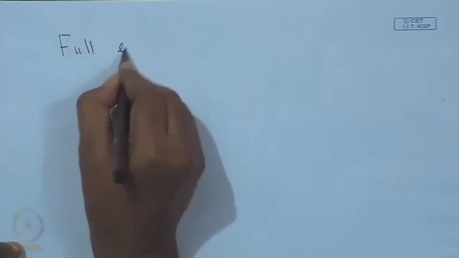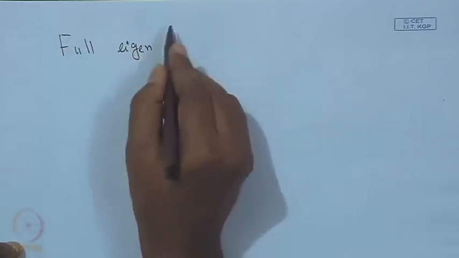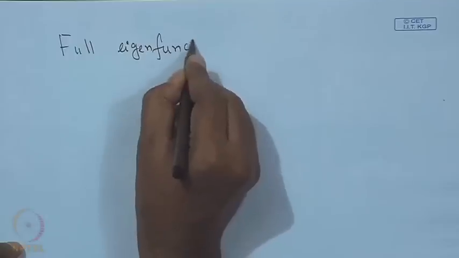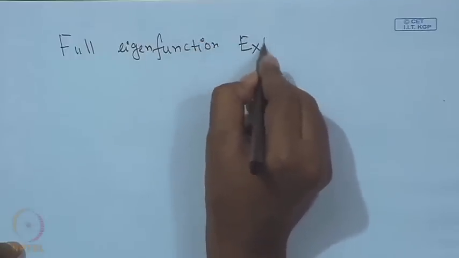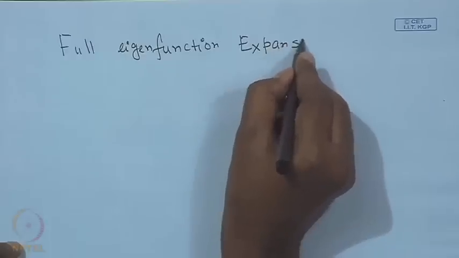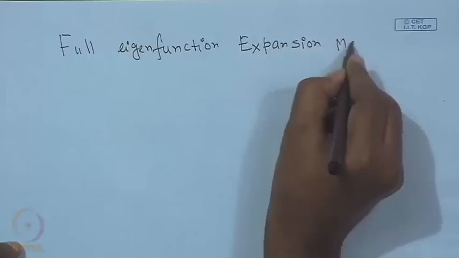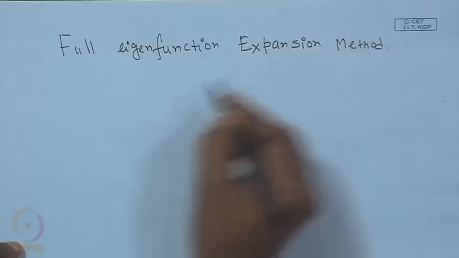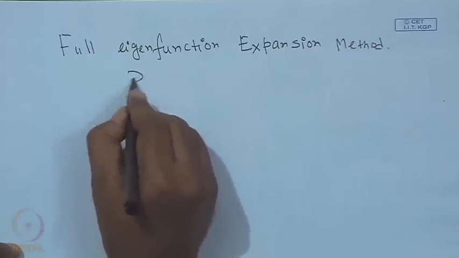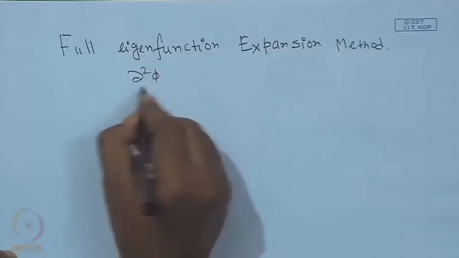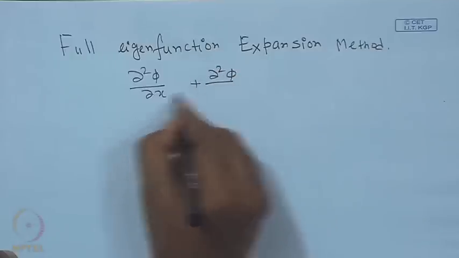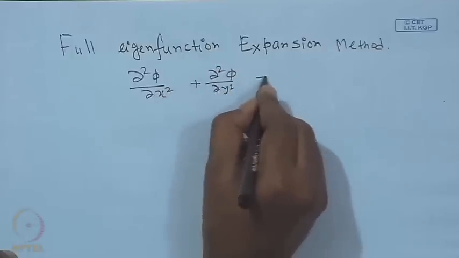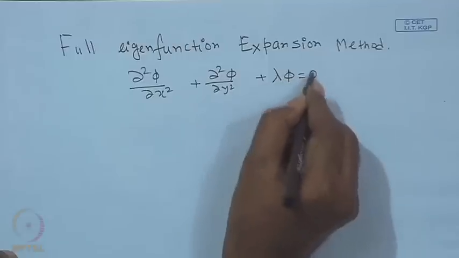So, we use the full eigenfunction expansion method. We will have del square phi del x square plus del square phi del y square plus lambda phi is equal to 0.